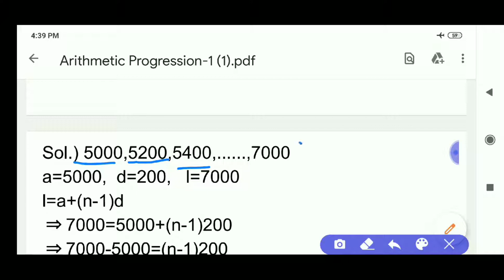Now the salary is 7,000. By observation, you can say that it is an arithmetic progression and the first term A is 5,000 and the common difference D is 200 and the last term, that is the nth term, is 7,000.